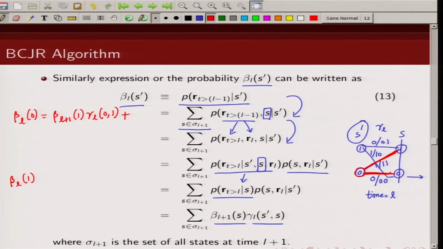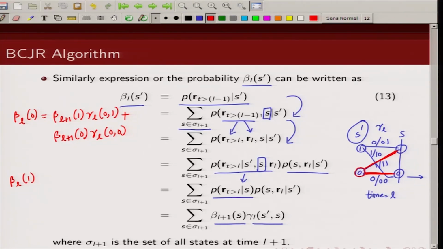We can write the contribution of this as beta L plus 1 0 times gamma L 0 0. So, this is our expression of beta L for state 0.